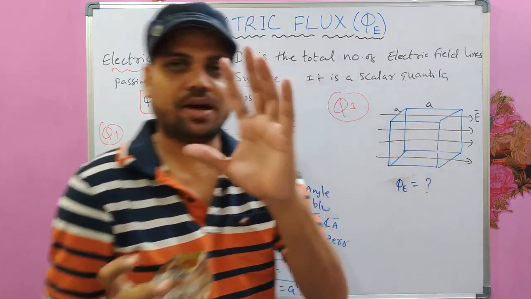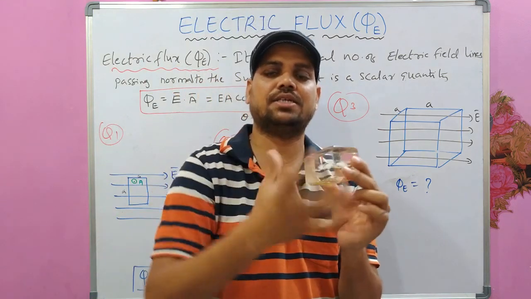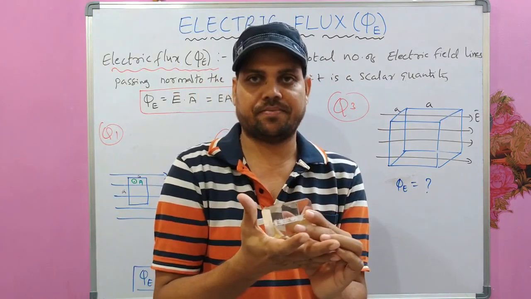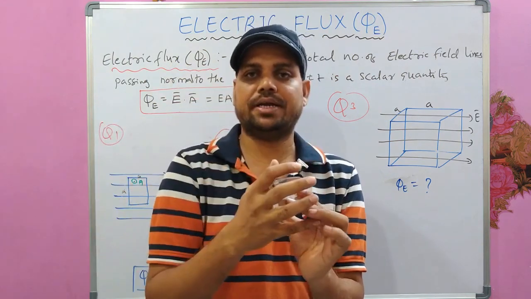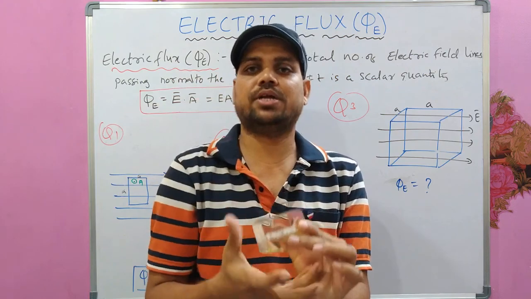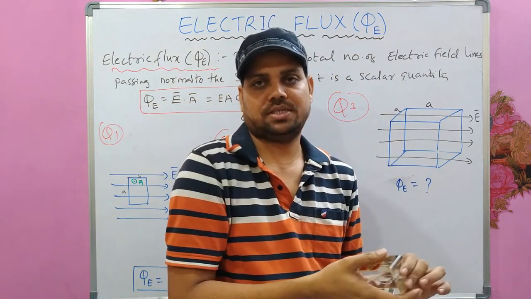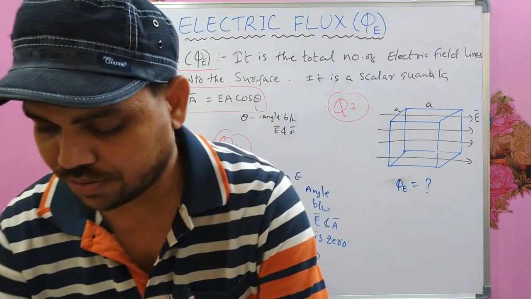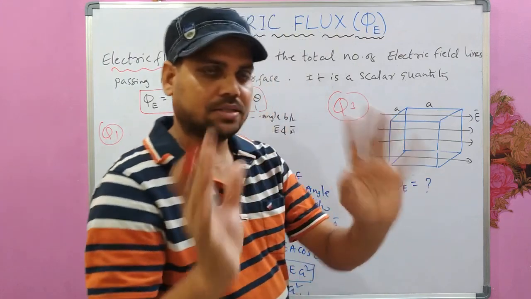As I said, for closed surfaces it is always suggested to divide the surface into small segments, find out the flux linked to each segment, and sum up all of them so that you get the total flux linked to the surface.